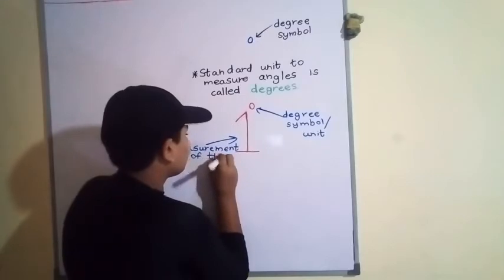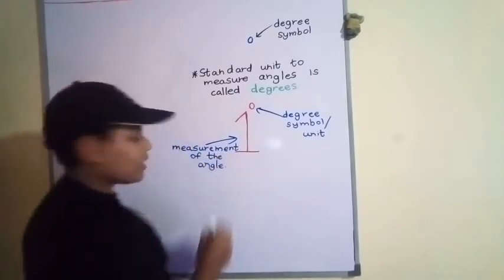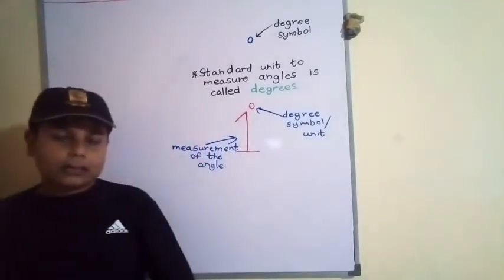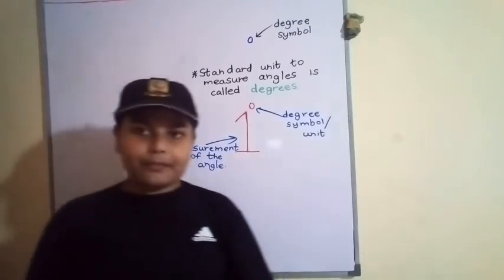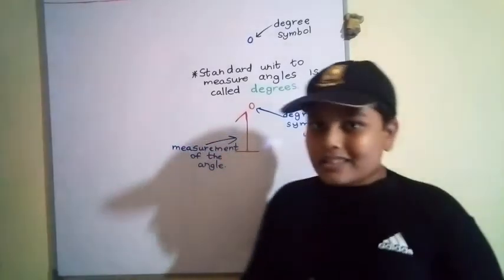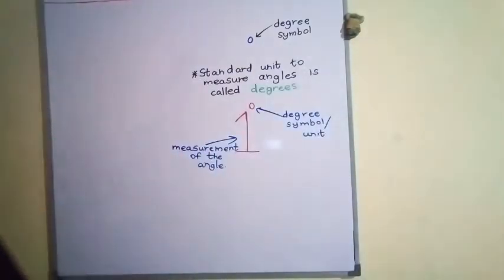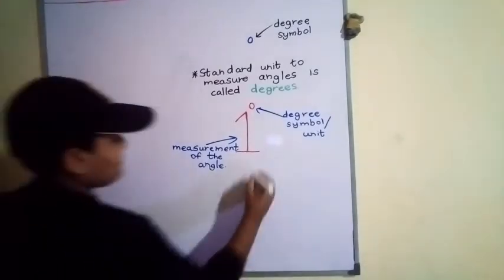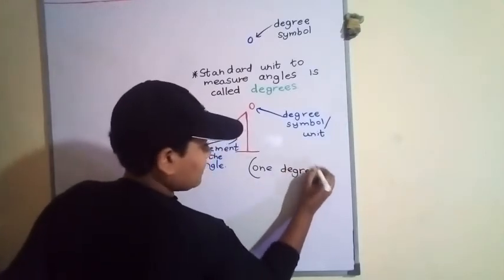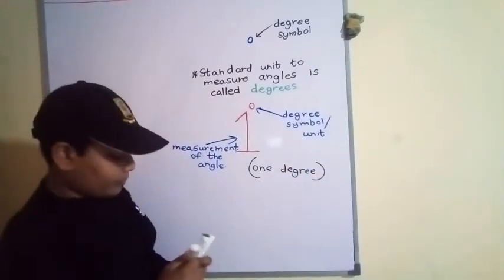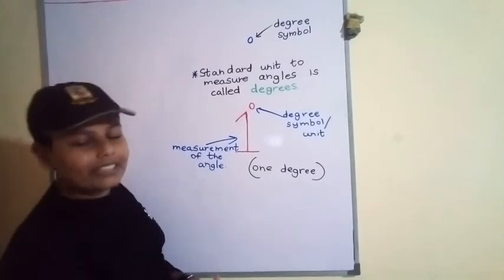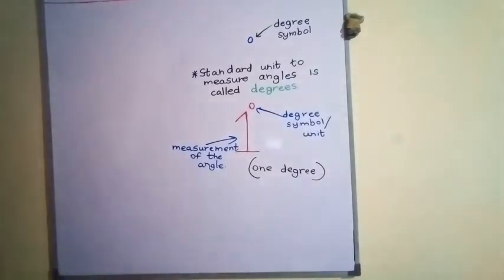Measurement of the angle. That are the units of angle. Right? Units of the angle, you name this as degrees.